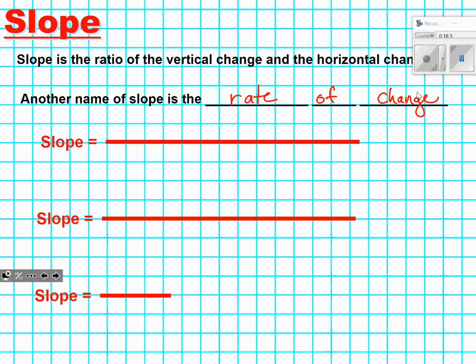So let's say I wanted to write it as a formula. Slope is equal to vertical change to the horizontal change. That's it.